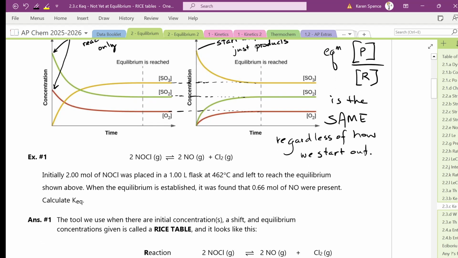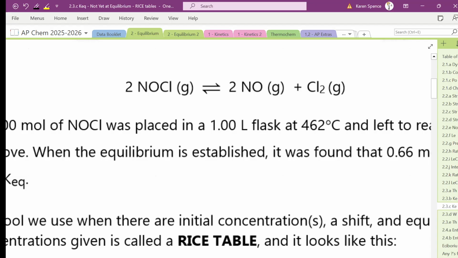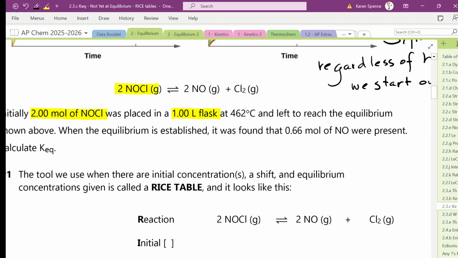So in our little question coming up here, we have some NOCl and giving NO and Cl2. There is our reaction there. We place 2 moles of NOCl in a 1 liter flask at 462 degrees Celsius, and it is left to reach equilibrium shown above.